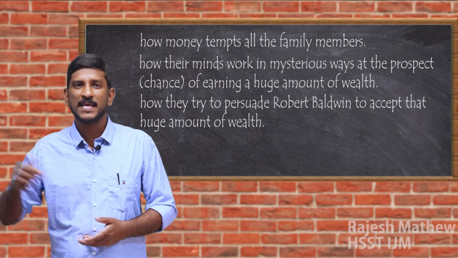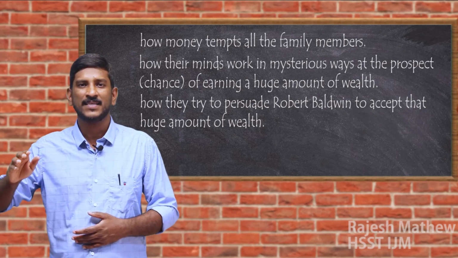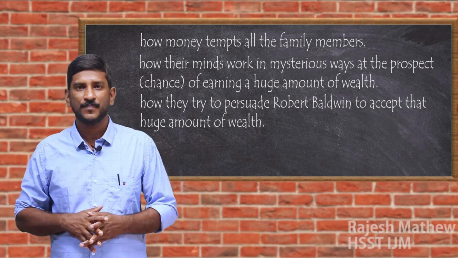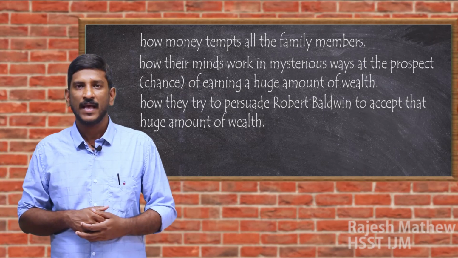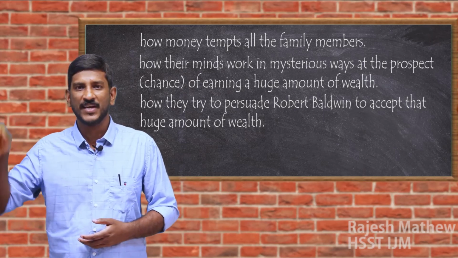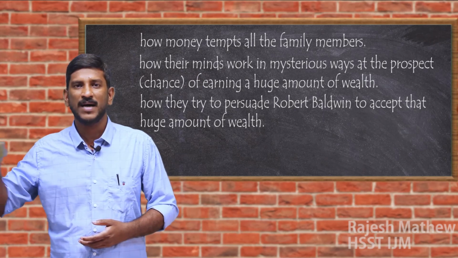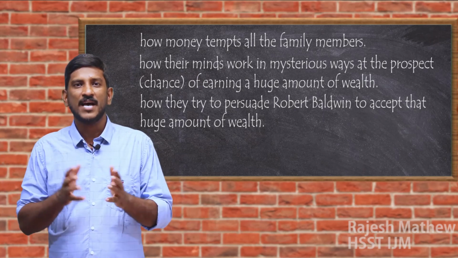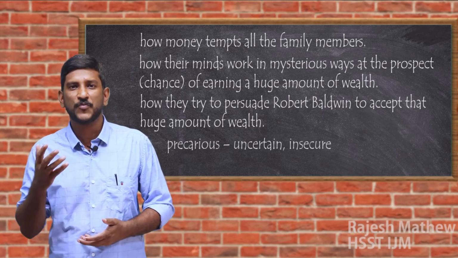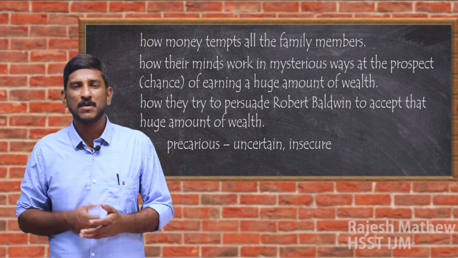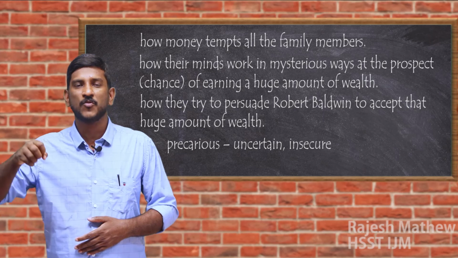But with that meager income, they are able to lead a contented and happy life. But now Robert Baldwin loses his job and they have to depend upon the $30 earned by John Gresham Baldwin. Now they are in a precarious situation. A huge amount of wealth is offered to them and the family members are tempted by it.